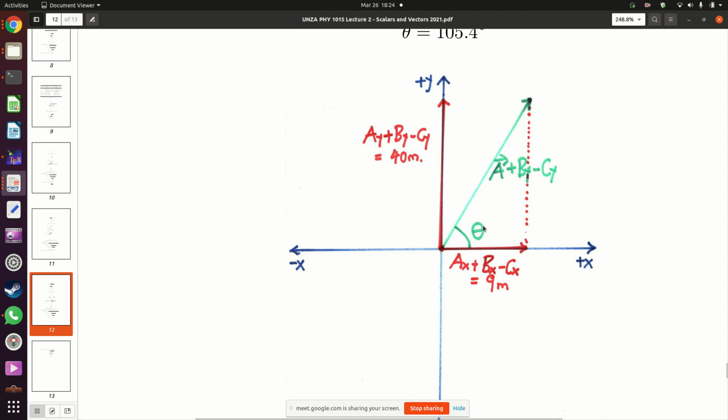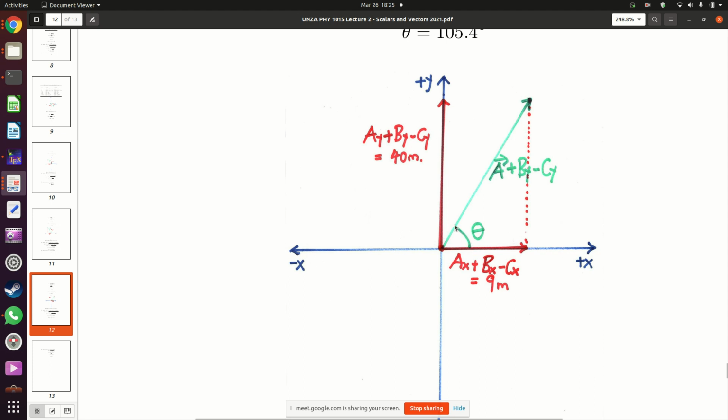However, if you decide to create a triangle, you create this triangle along the x-axis 9 meters, then the opposite 40 meters, then the hypotenuse, this 41 meters, what you end up is a triangle. In this triangle, the angle of the triangle, phi, which is not shown, is also this same angle, which is your theta.